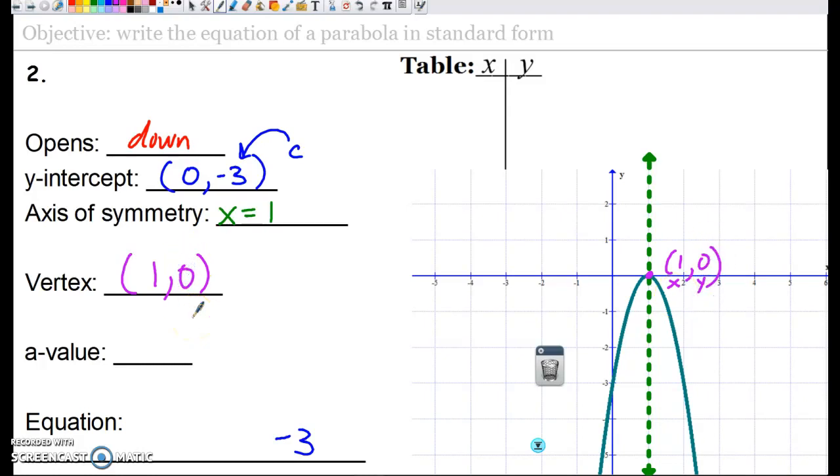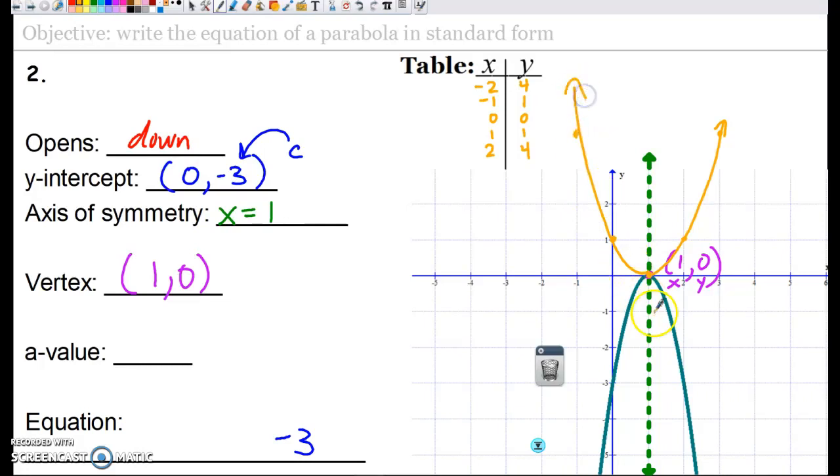Now to estimate the a value, you have to look at the picture and see compared to the parent function. Typically, I would have negative 2, negative 1, 0, 1, and 2, and I would square that to get 4, 1, 0, 1, and 4. If I just graph from the vertex what that should look like, it would look something like this in orange. Now, obviously, my parabola in teal down at the bottom there, I missed a little bit, let's try it again.